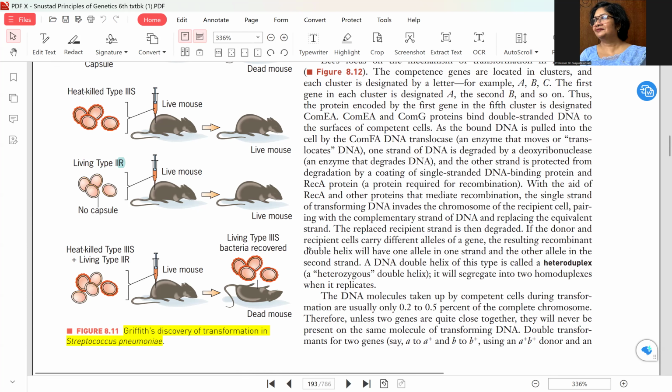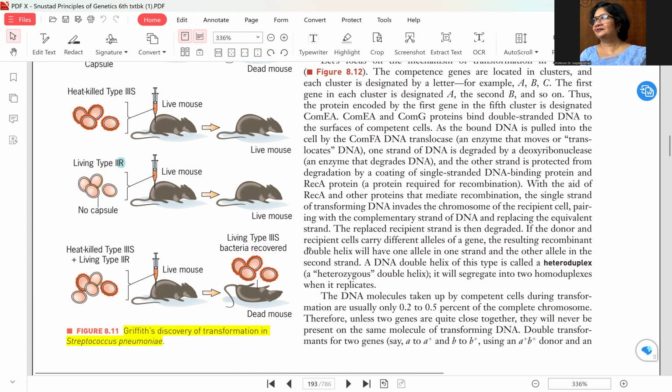So the conclusion from Griffith's experiment at that time was that there was some kind of transforming principle which was transferred from one bacteria to another, which ultimately led to the mice dying. But because the type 3S cells were dead and the type 2R cells were alive, it was anticipated that something was transferred from the dead cells to the living cells, because in order to express any activity, cells need to be alive.